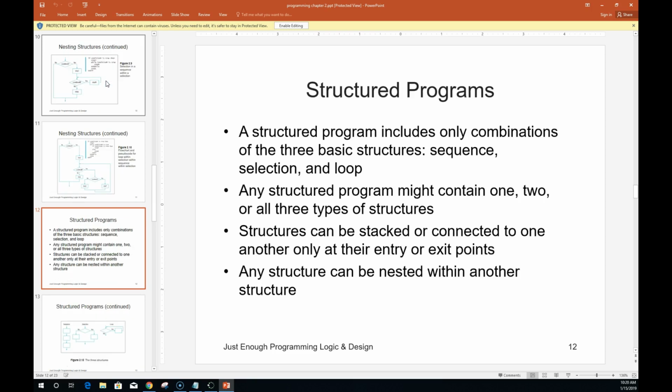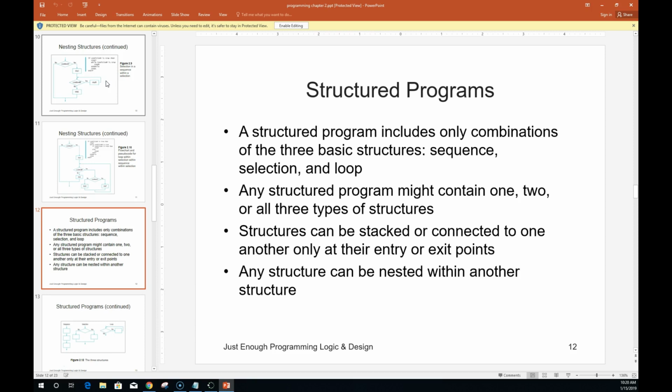So, how do we tell when something is structured or not? We can nest them together, we know we can do that. But even when we nest them together, they can only be connected at the top and the bottom, their entry and exit points. So each little piece is separate. A program can have one or all.